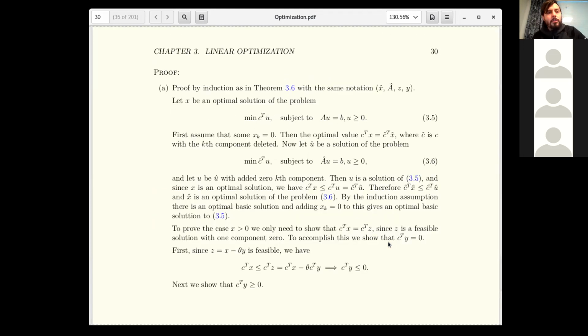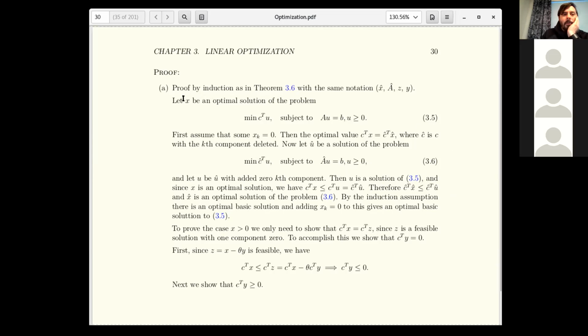So I'm not going to go through this proof in a way that is very detailed, but let's say that we have an optimal solution x to this problem. So we have the standard format: minimize a linear function subject to linear equality constraints, all components positive.